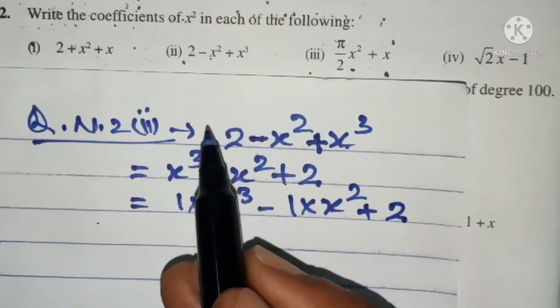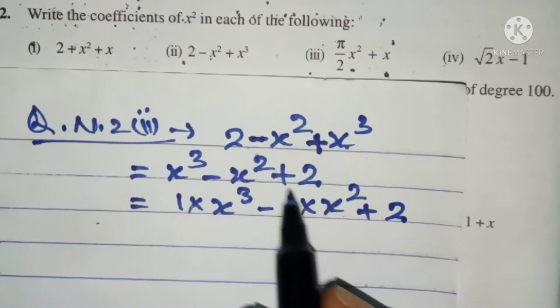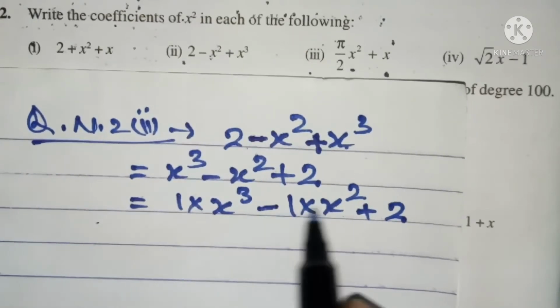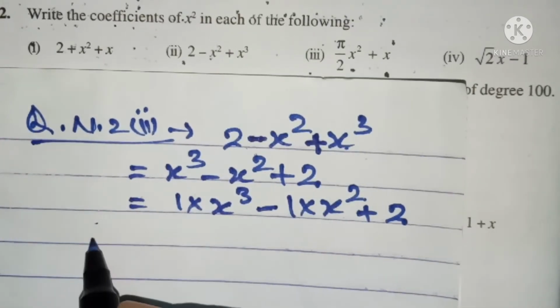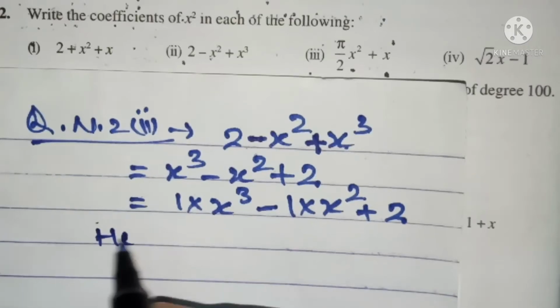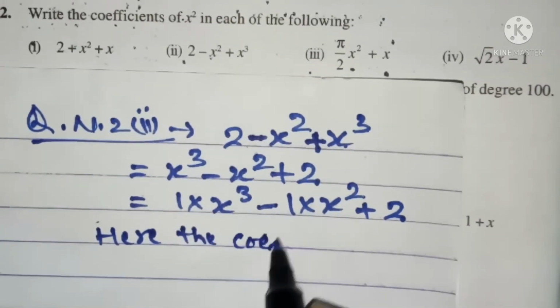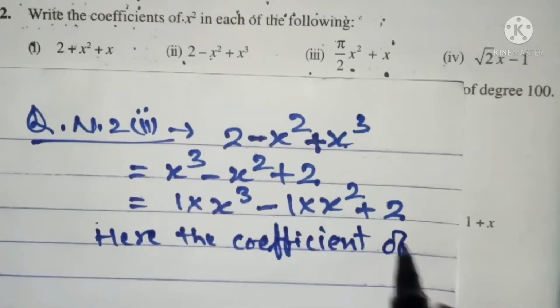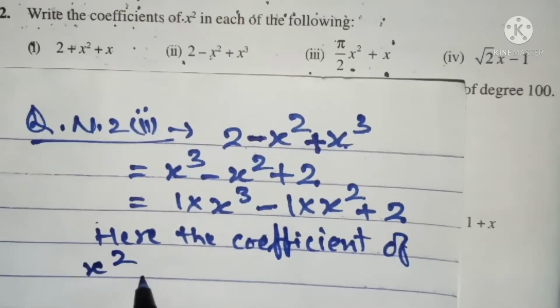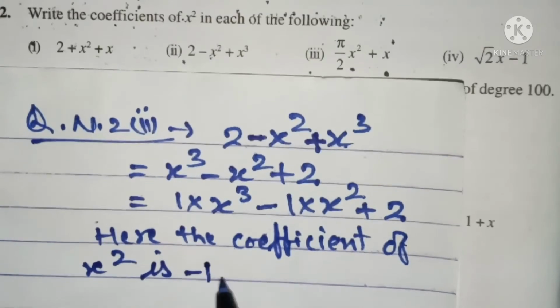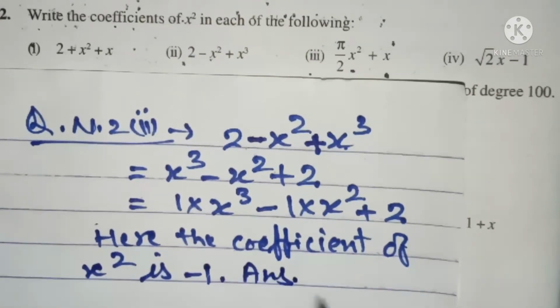Here we are asked for the coefficient of x to the power 2. So the coefficient of x to the power 2 is minus 1, and this will be our answer.